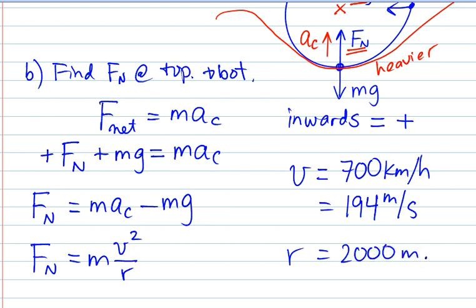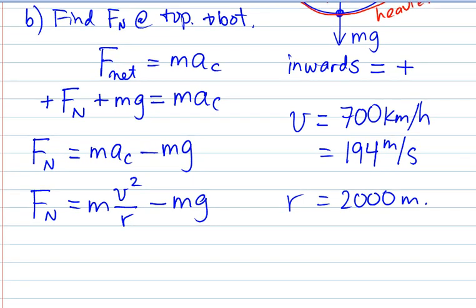Now you can see here that the normal force is going to be a little bit less than mv squared over r because gravity is helping out, and this is at the top. Okay, so let's label that, and we can calculate that at the top here we have F normal.